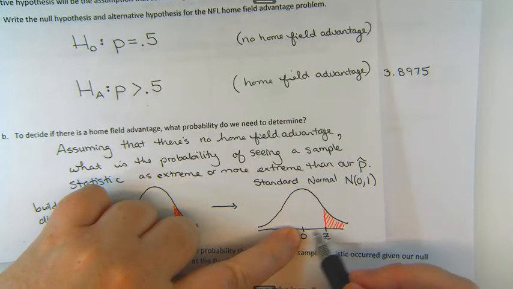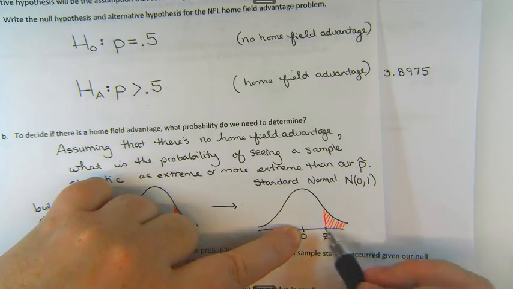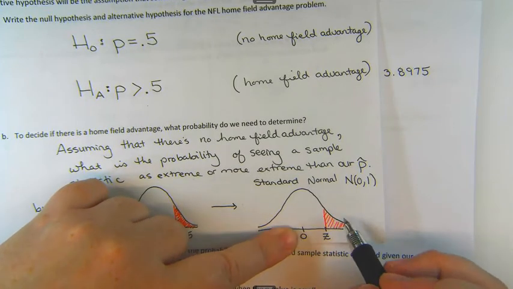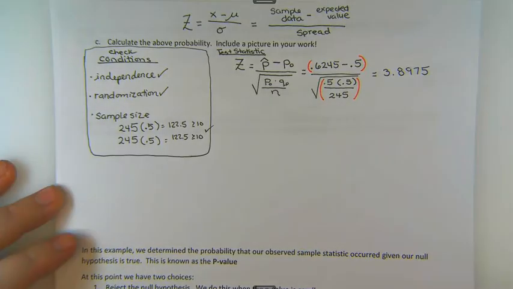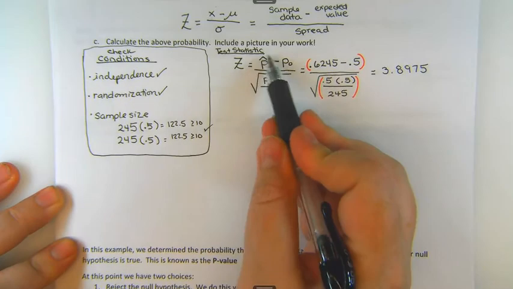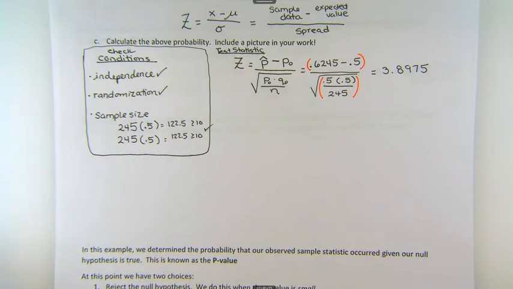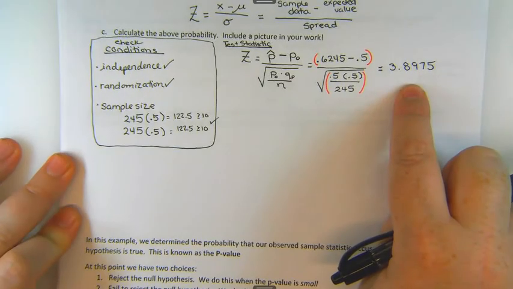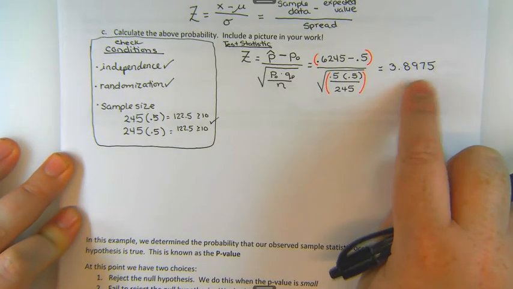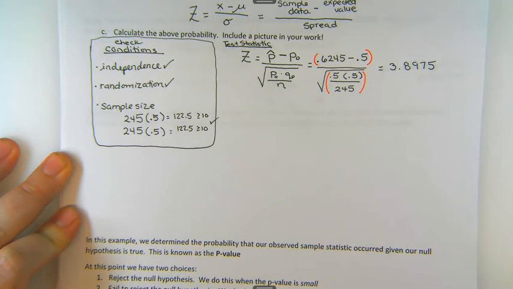If you remember when we talked about standard deviations away, we said anything more than 2 standard deviations away is kind of extreme. That's going to link through here. We have this big z-score, which tells us that this is an extreme sample result. But to really prove that, we want to find that probability, in this case the area to the right of that curve.